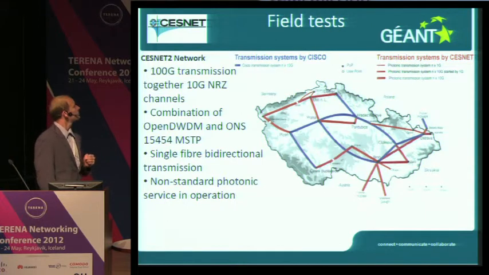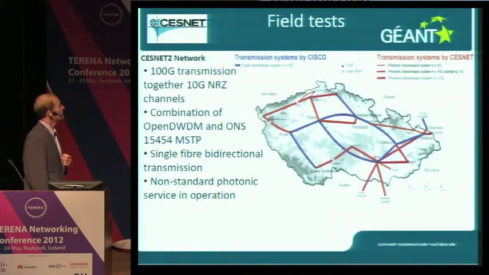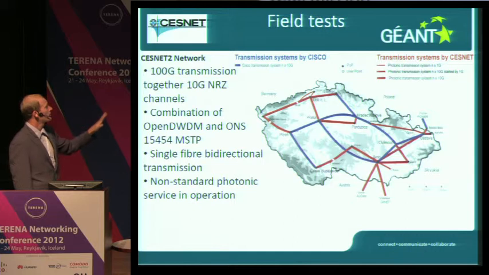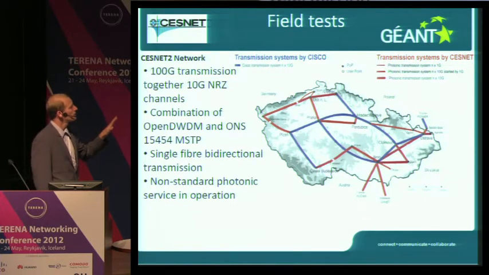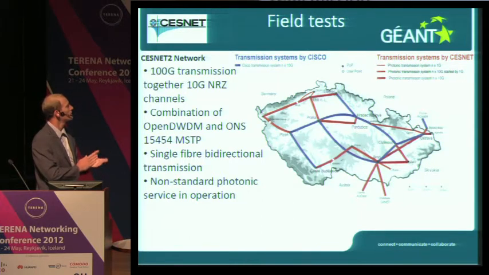Then we set it up for field tests. In our network there are two sets of equipment used. The blue lines you see there are Cisco, and the red lines are our own system from the CzechLight family, which was designed in CESNET.